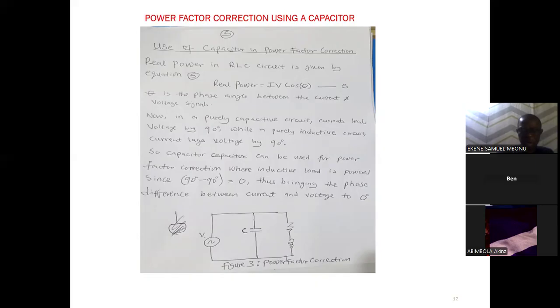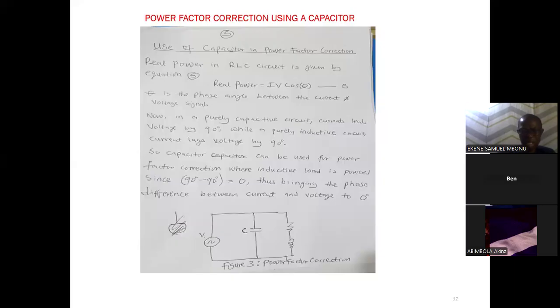That is effective current flowing through the circuit and the voltage in the circuit. Theta there is the phase angle between the current and the voltage signal.